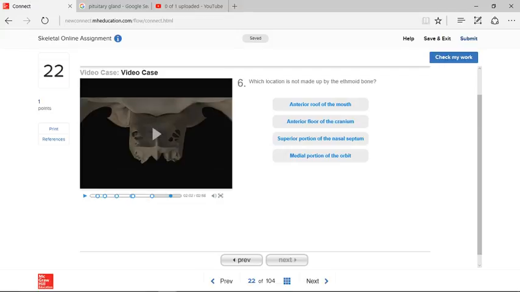Oh, buddy. Which location is not made up by the ethmoid bone? Anterior roof of the mouth, anterior floor of the cranium, superior portion of the nasal septum.